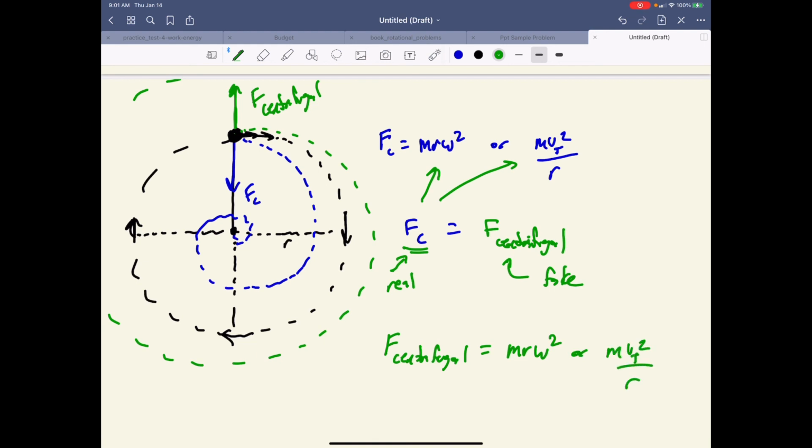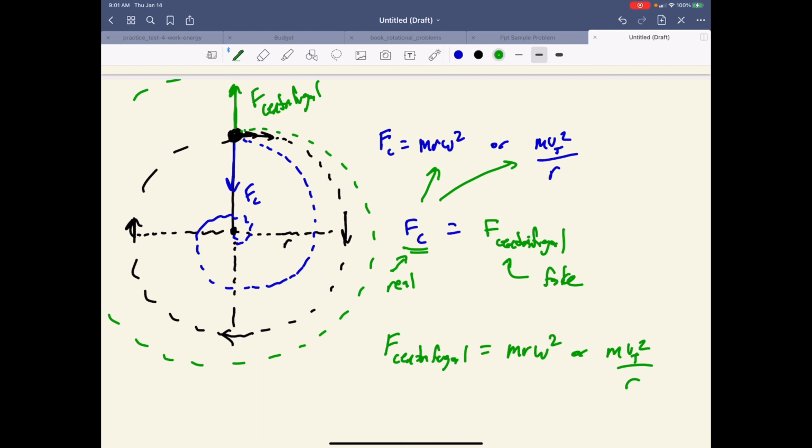Again, it is a fake force, but through a little bit of sleight of hand and cleverness, and it's mathematically sound, we can calculate the magnitude of this centrifugal force by setting it equal to a real force, which is calculable.